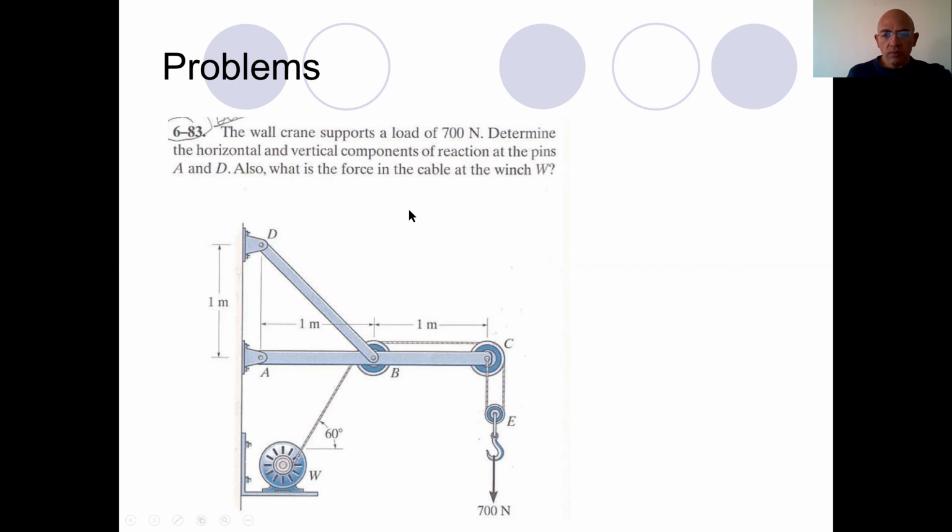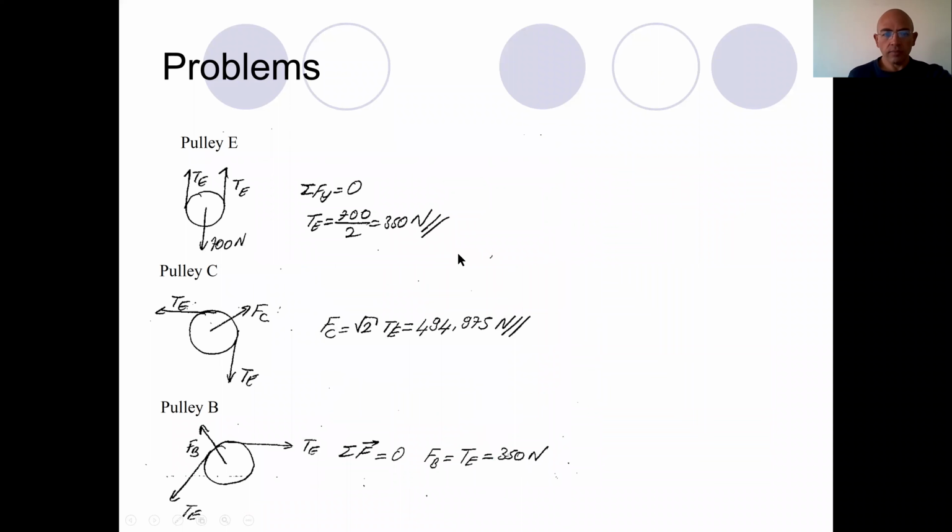Now, we will begin analyzing the problem from point E, and we will write the free body diagram of pulley E, and then we will go step by step and write the equilibrium equations for each component of the system, machine. Now let's begin with the pulley E. As you see, there acts a force of 700 newtons. Certainly, tension in the cable is represented as TE here.